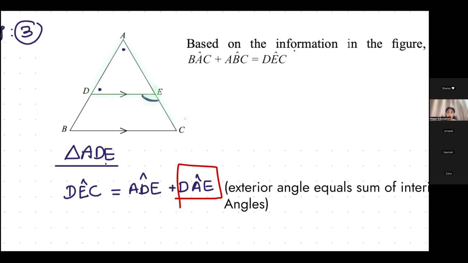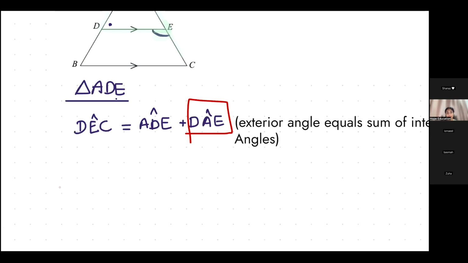Can you all hear me? Yes, yes. So DAE means this angle. It's the same as BAC. So here, instead of DAE, I'm going to write BAC. So DEC equals ADE plus BAC.